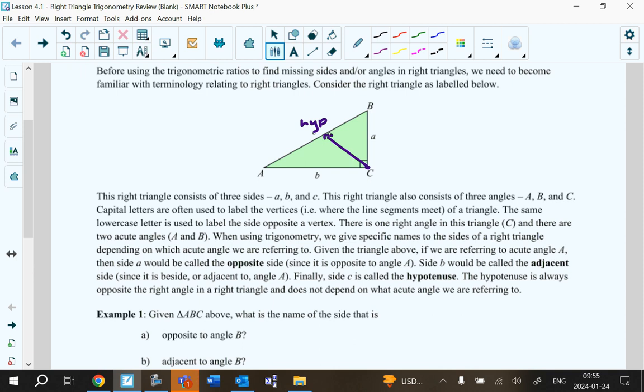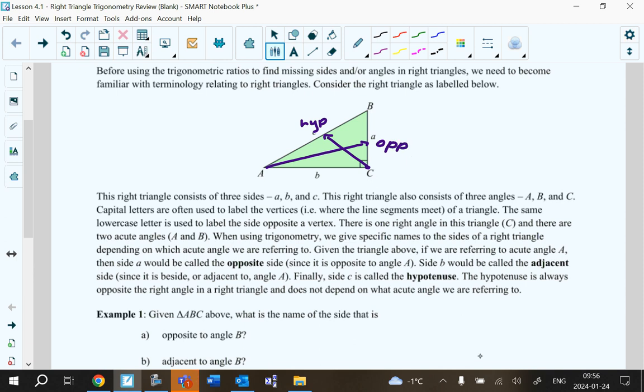The adjacent and opposite change depending on what angle we're working with in the question. So if we were working with angle A, if we were asked to find this, or if we were told what this was, from angle A, we would draw an arrow out, and the side we hit is called the opposite.